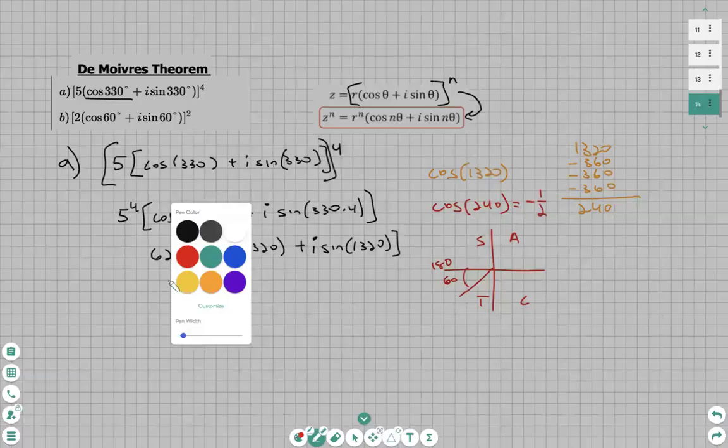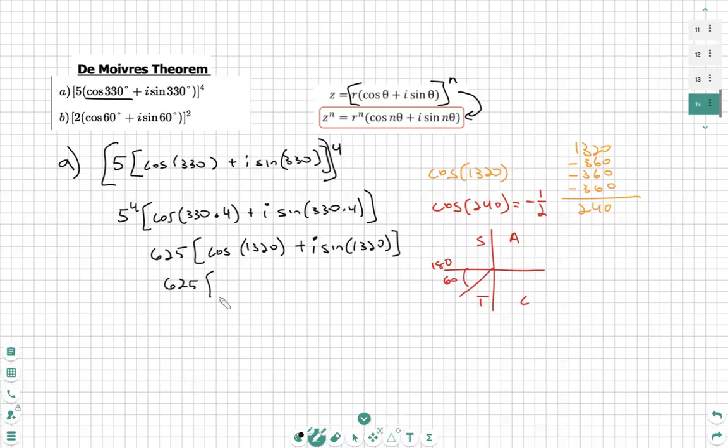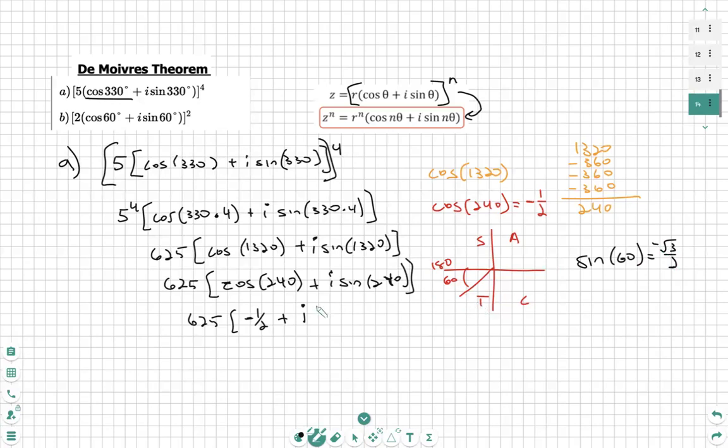So as I continue to write this out, we're going to have 625 times cosine of 240 plus i sine of 240. And then we already found the cosine of 240, which is negative 1/2. And then we just need to find the sine of 240, which we already know is the sine of 60, which is going to be root 3 over 2, but negative because we're in the third quadrant.